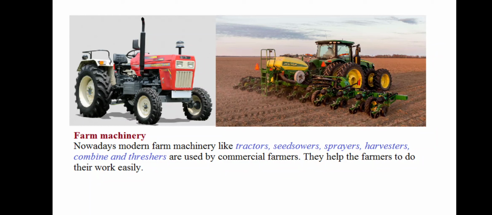Harvesters are used for cutting the crops, and threshers are used to remove the grains from the hay. So these are the types of machineries commercial farmers use these days.